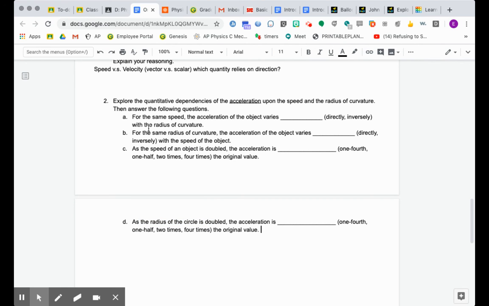You should be able to use your answers from A and B to help you answer C and D. The options are in these parentheses: directly, inversely, 1/4, 1/2, 2 times, 4 times. You can either bold that answer or erase all of the terms that are not correct. Up to you.